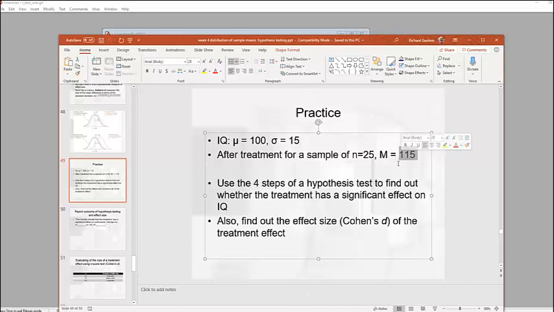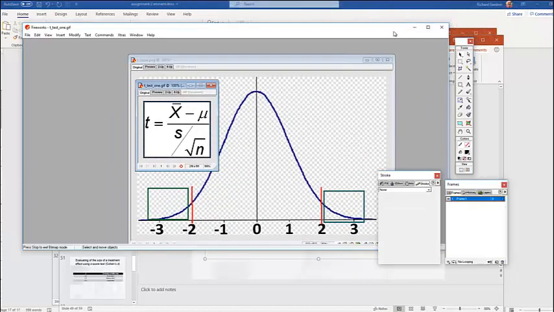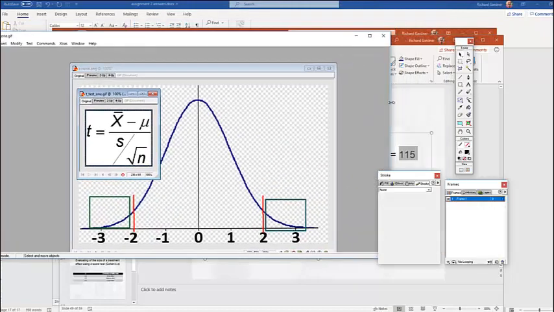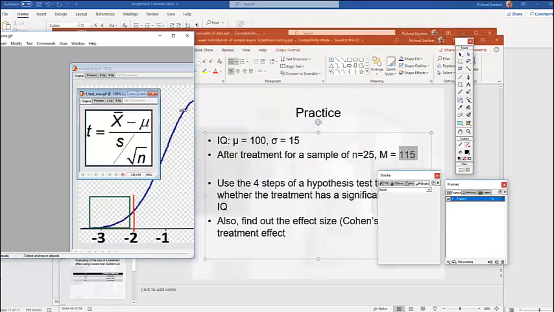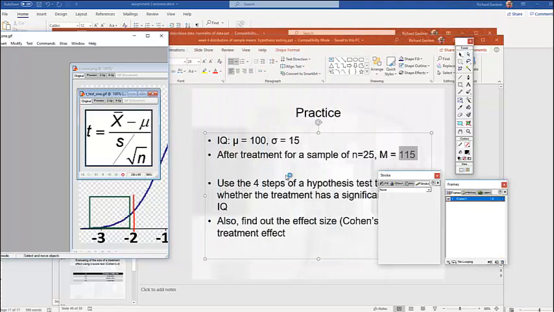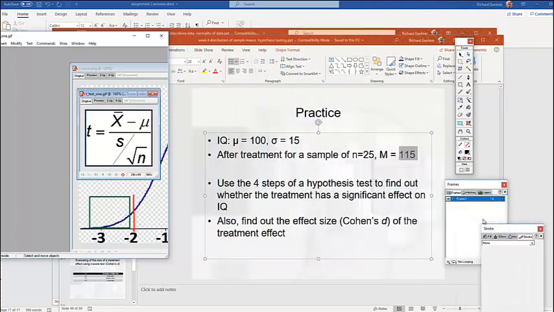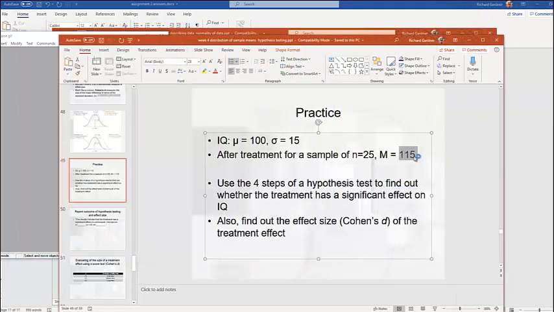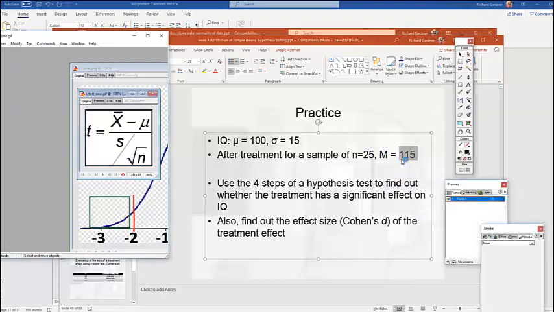So it's going to be 115. That's your X bar, minus 100, divided by the standard deviation, that's 15, divided by the square root of 25, which is 5.